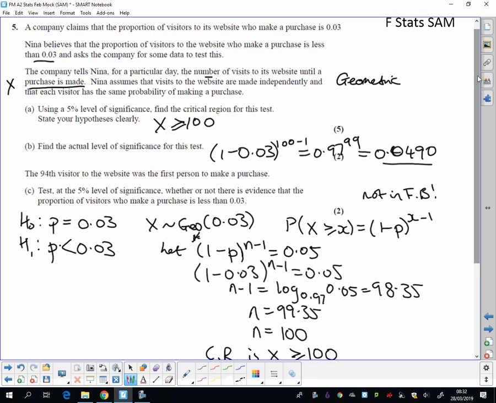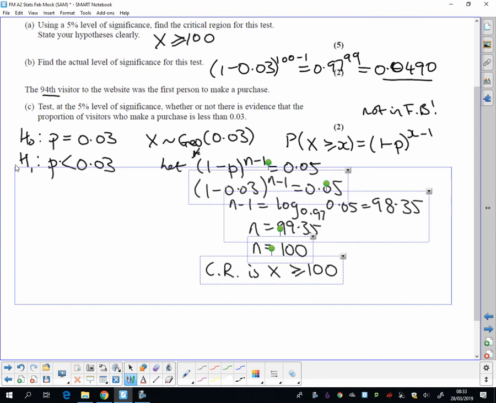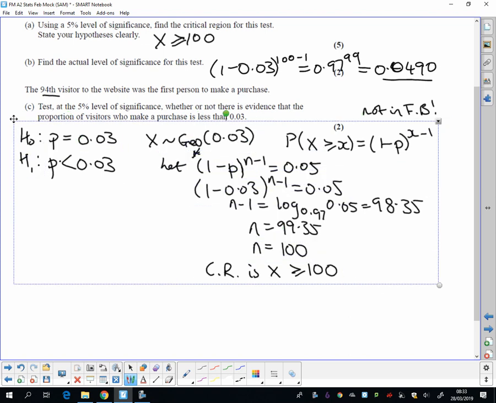Okay, so your actual significance is just the actual probability, which, unless told otherwise, should be less than the significance level, unless they told you to go as close as possible. Okay, so the 94th visitor to the website was the first person to make a purchase in this case.